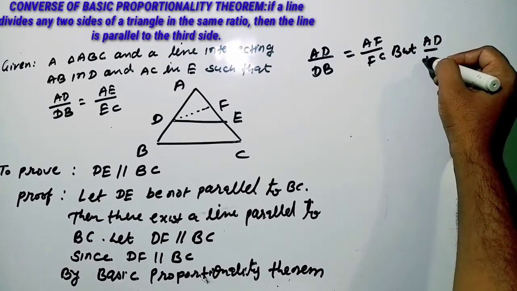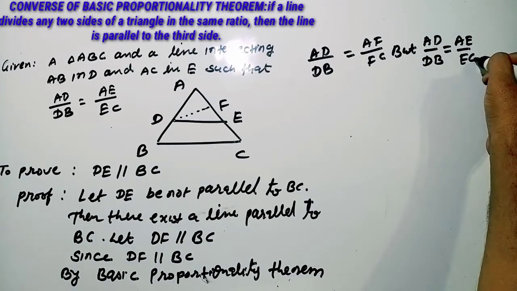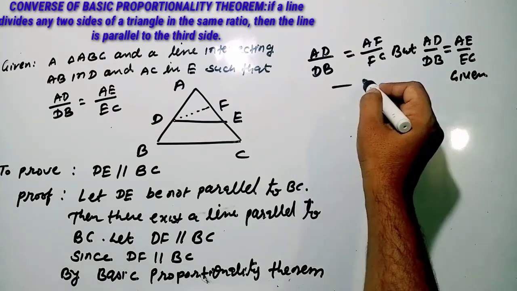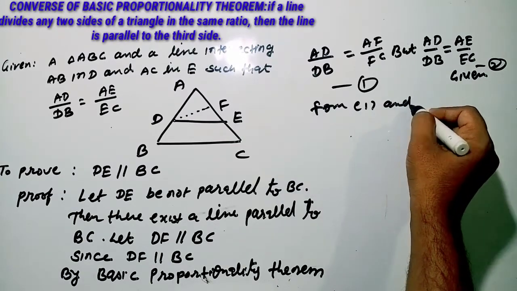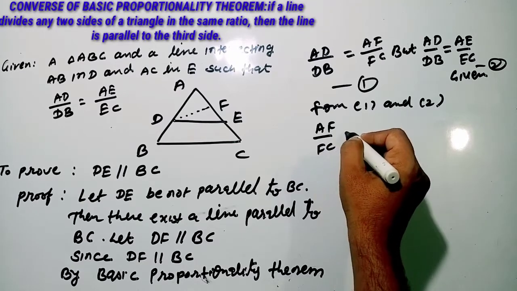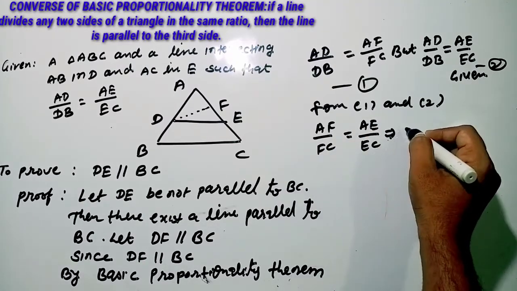But it is given that AD upon BD is equal to AE upon EC. So comparing these two, from 1 and 2, we are getting AF upon FC is equal to AE upon EC.